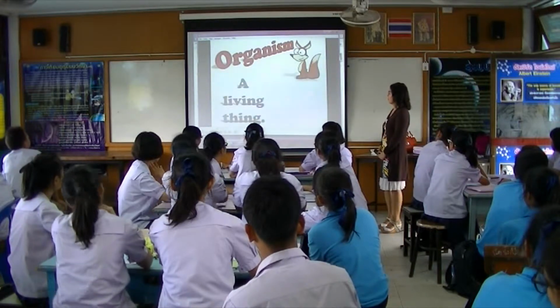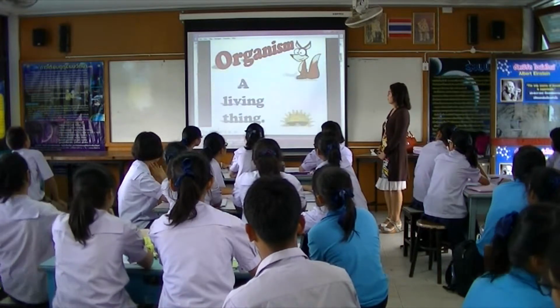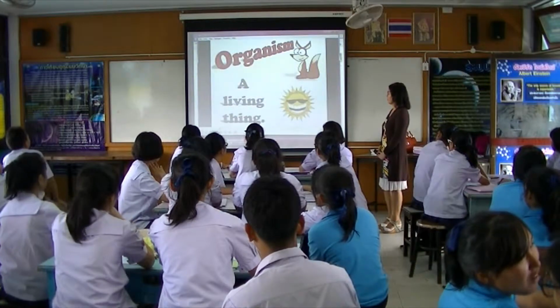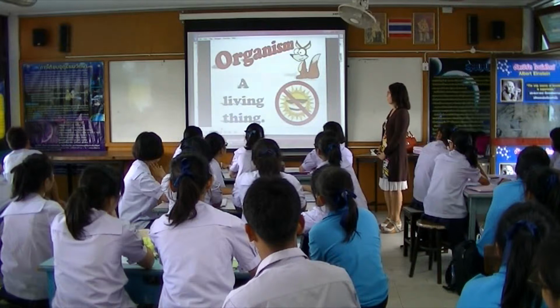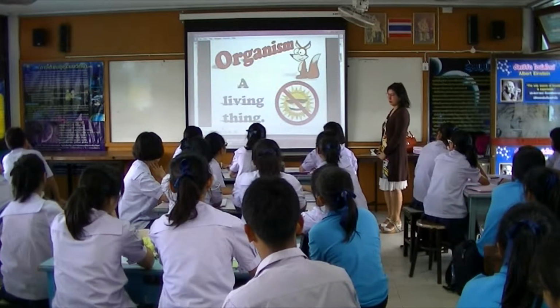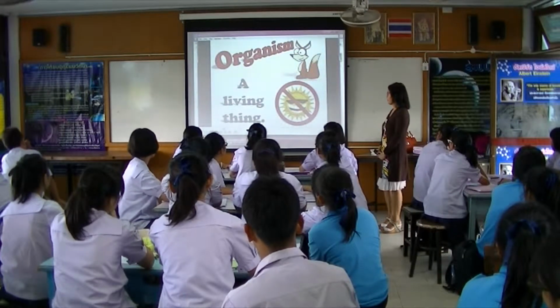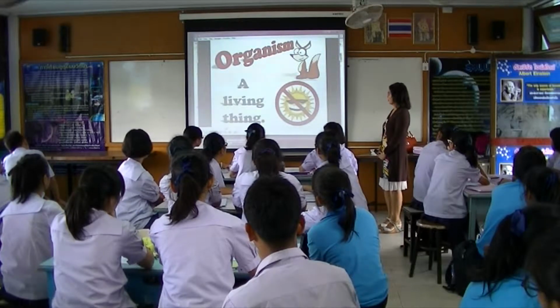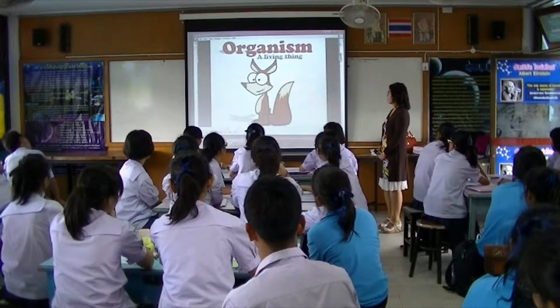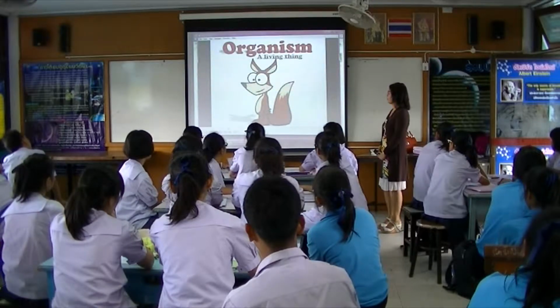A fox is a living thing. But is an organism the sun? No, the sun is non-living. It is not an organism. So to recap, an organism is one living thing.